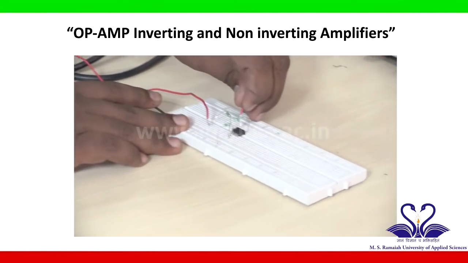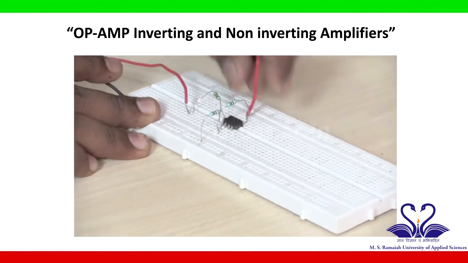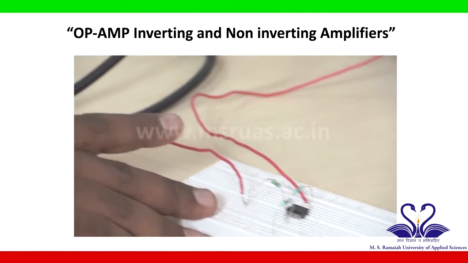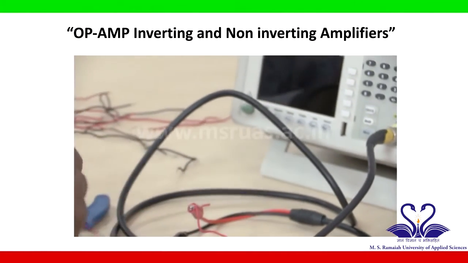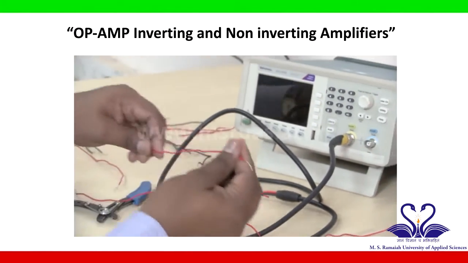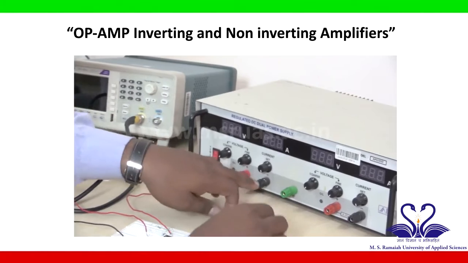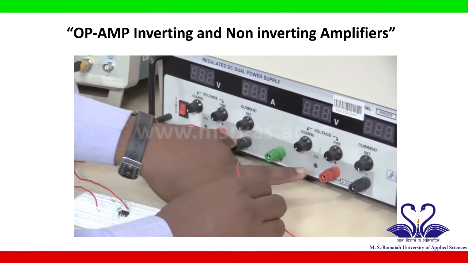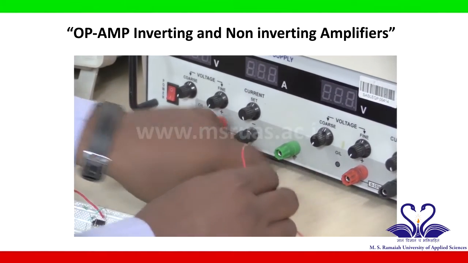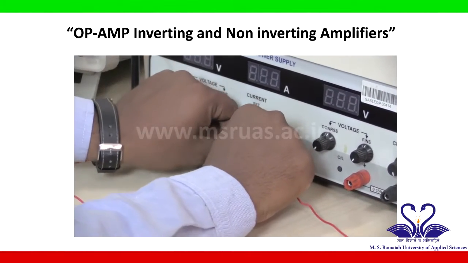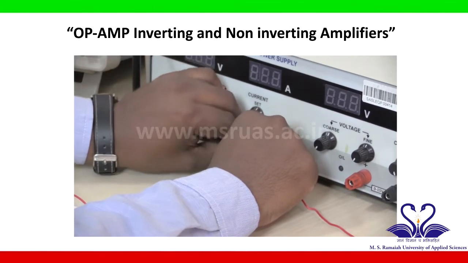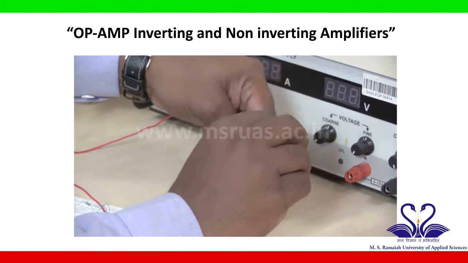So here is a pin number 7, and here we have two sources. The negative of first source I will short with the positive of second source to get a plus VCC and minus VCC. Short like this.